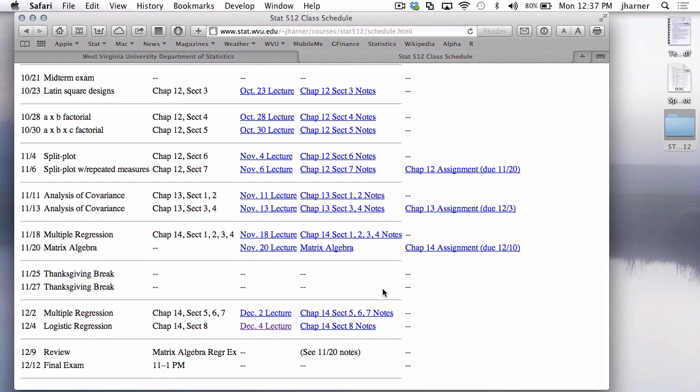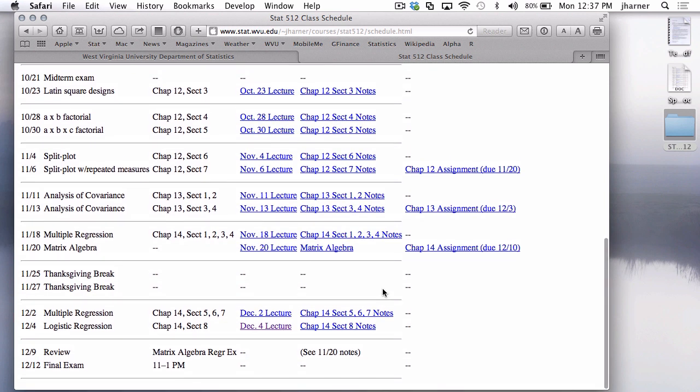We typically only have one observation for each block, for each treatment, and therefore we don't have the degrees of freedom to fit the interaction term. So we typically don't have a block by treatment interaction. We assume that doesn't exist.